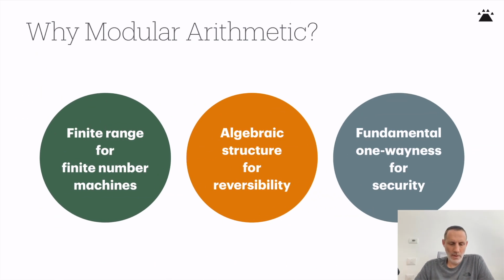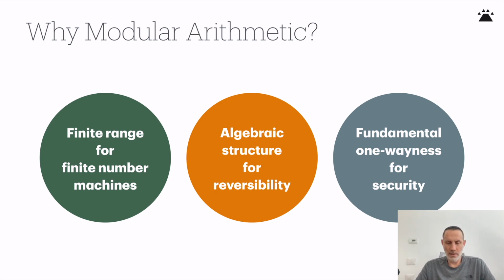So, in summary, why do we actually need modular arithmetic? Well, there are various reasons, but 3 of them, maybe the 3 main ones, are: 1, it gives us a finite range for computation, which is good for machines because machines work over a finite range.